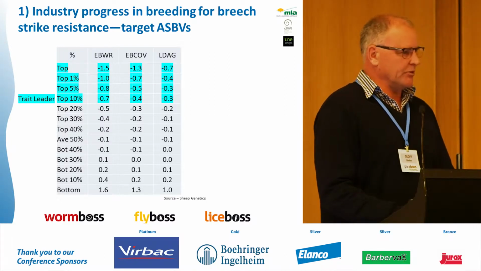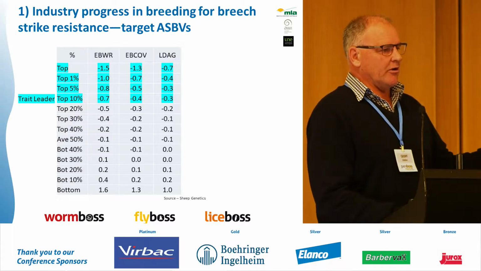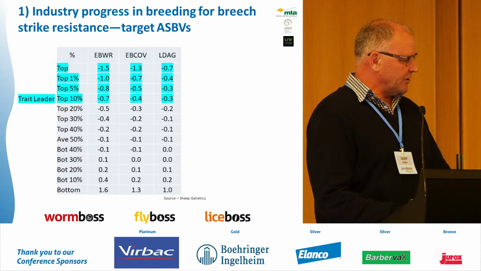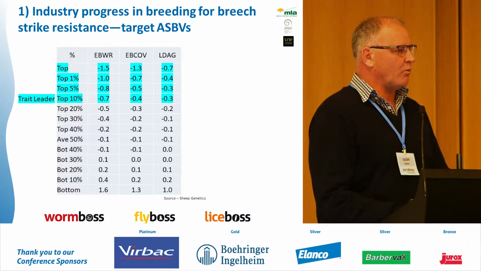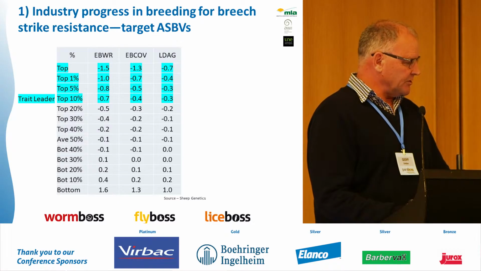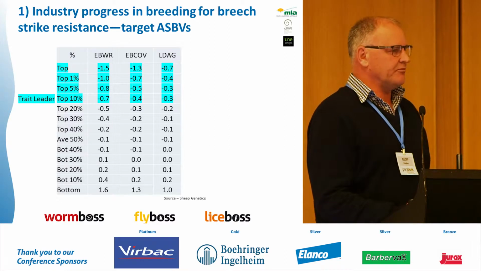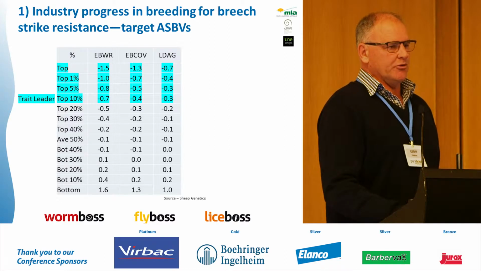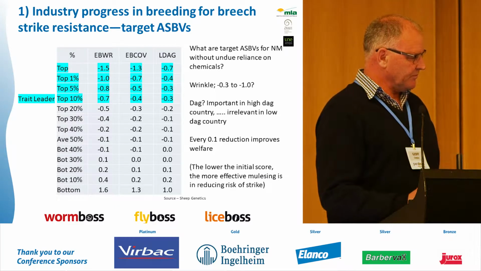Down to the bottom, you see where the high wrinkle animal is 1.6. So you can see there a variation of about 3 for wrinkle, about 2.5 for cover, and about 2 for dag. So that then sets a little bit of the benchmarks for some of the further slides that I'm going to show. So top 10% minus 0.7 for wrinkle, minus 0.4 for cover, and about minus 0.3 for dags in terms of breeding values.